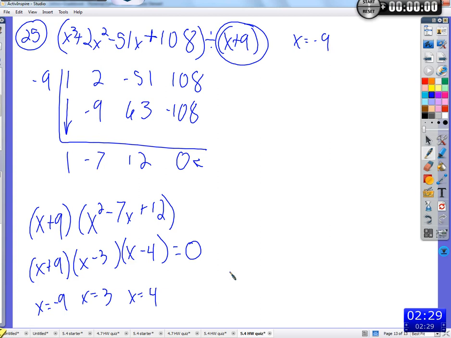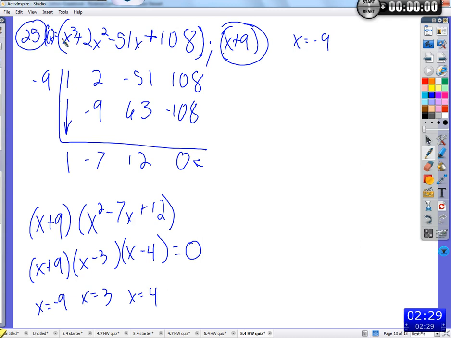Or, if we started it this way, f of x is equal to that polynomial. Instead of telling you to divide, if I just told you that x plus 9 is a factor, it would be the same to say that x equals negative 9 is a 0, meaning if I set this equal to 0, whatever value of x that I find that solves that equation is what you call a 0.